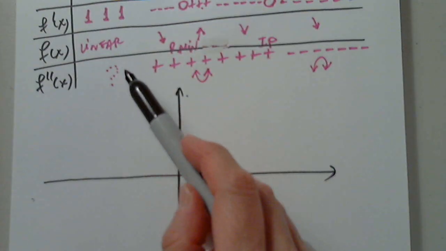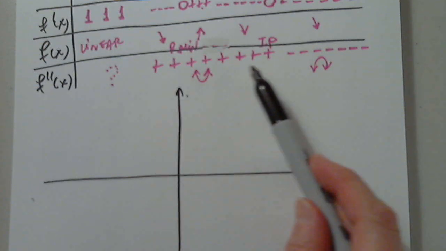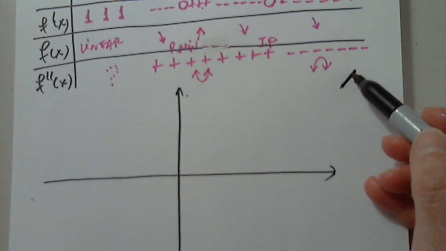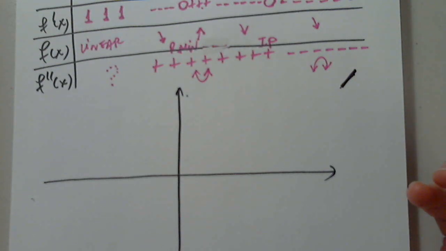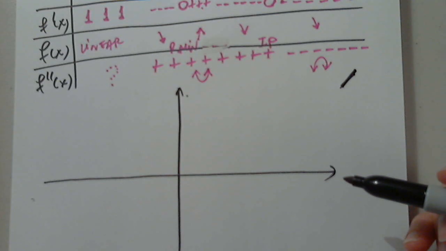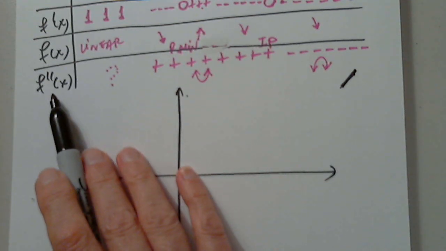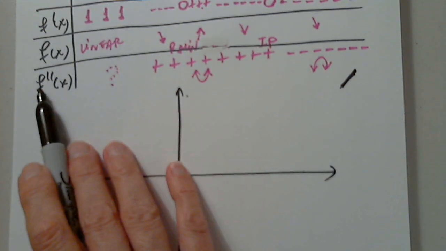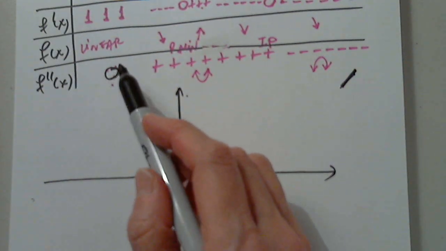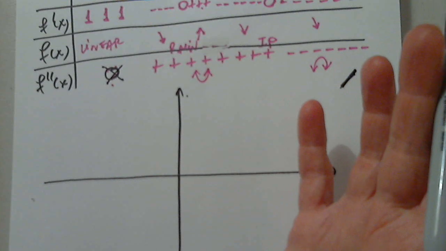So this is linear, that's why there is no information about concavity. So linear has no concavity. In other words, the second derivative of a linear function is 0. But we don't really need this.